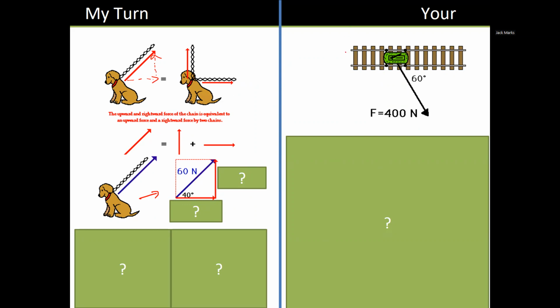And the way we're going to do this is we're going to make a right angle triangle. So I use my dotted lines like this. I've got my 40 degrees and I've got the hypotenuse, which is 60. So which bit of maths links together a right angle triangle with an angle, the hypotenuse and another side that you want to work out?